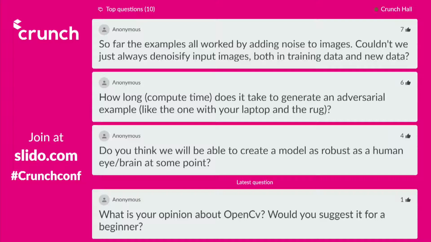So far, the examples all worked by adding noise to images. Couldn't we just always denoise input images, both in training data and new data? Yeah, that's a really good question. You could, I was about to say theoretically, but not even that. When you denoise an image, in basic computer vision, what technique do you apply?